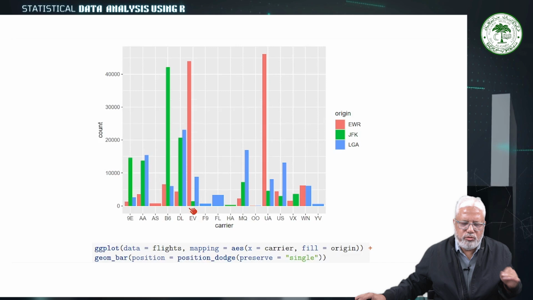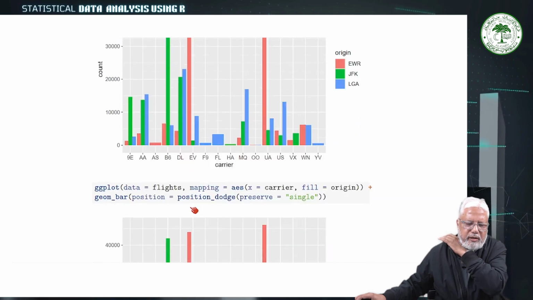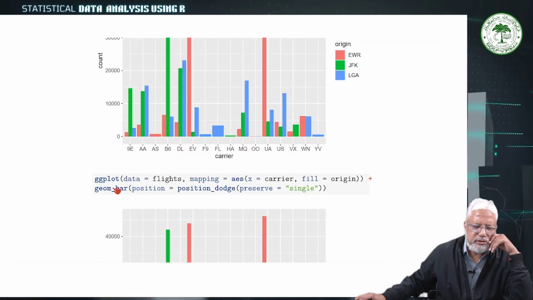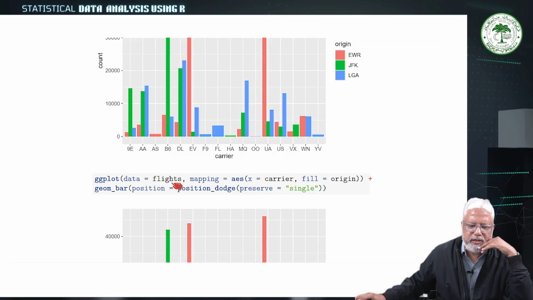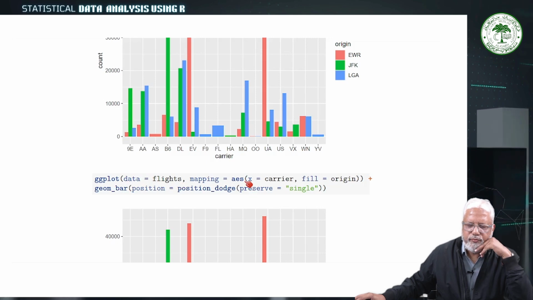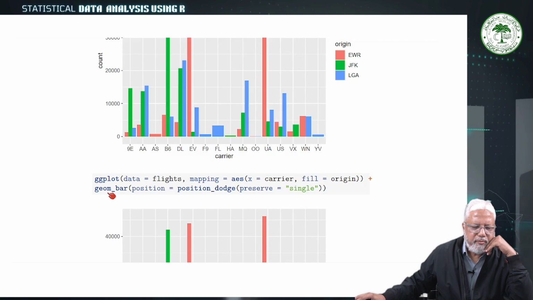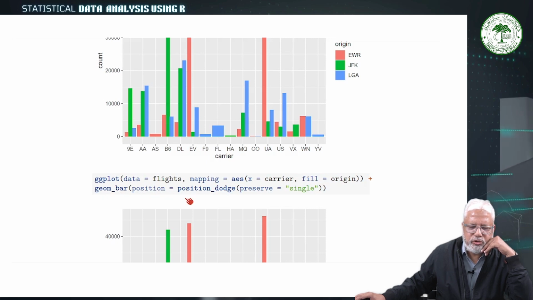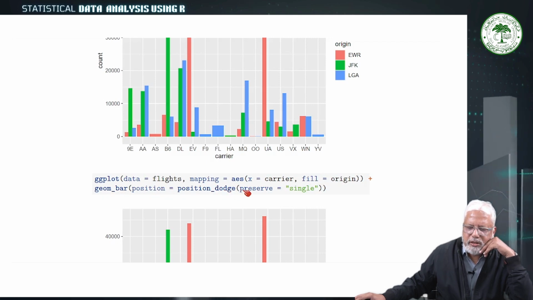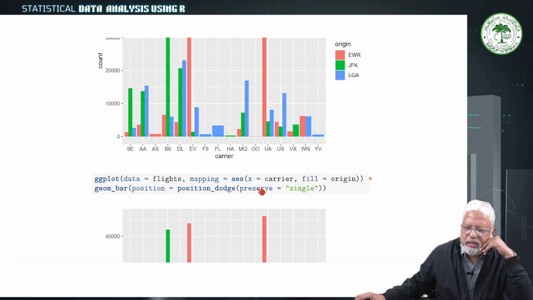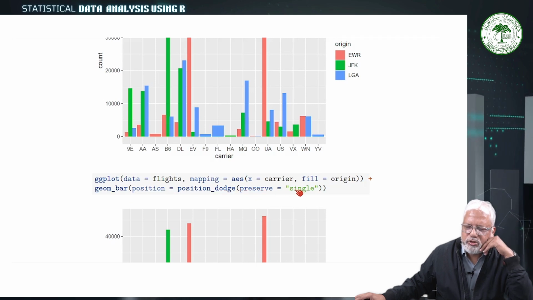At some places the bars are thicker, and at some places they are smaller. So, how could we preserve this? For that, ggplot data is equal to flights, mapping is equal to aes, x is equal to carrier, fill is equal to origin, geom_bar position is equal to position_dodge. But here we have to give the additional argument, preserve is equal to single.